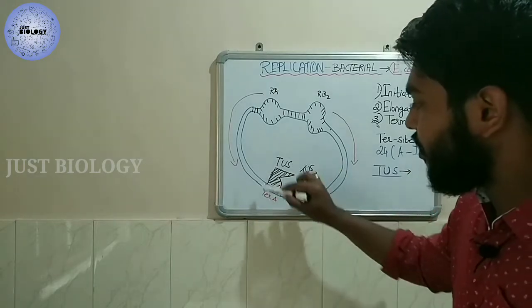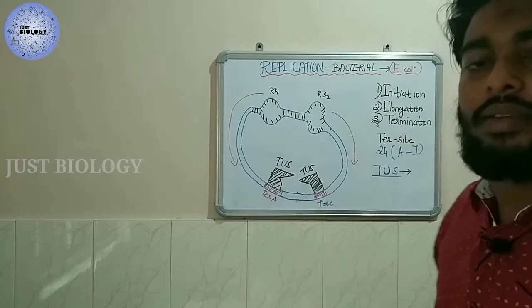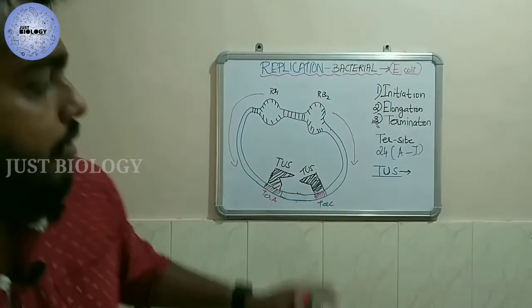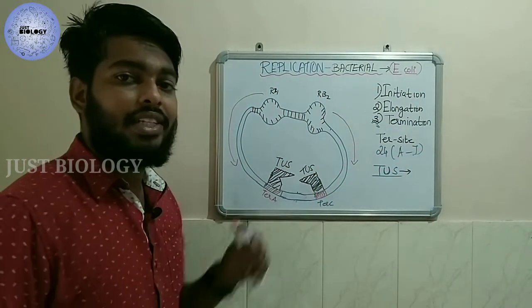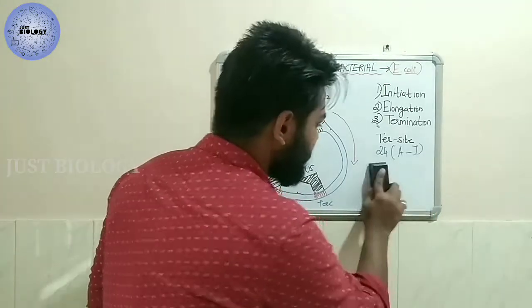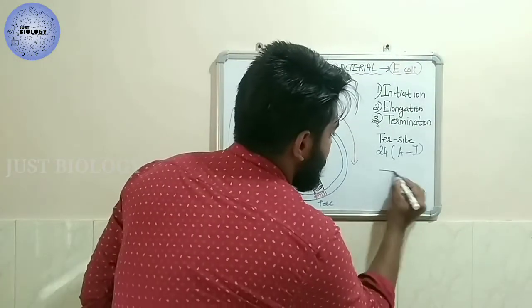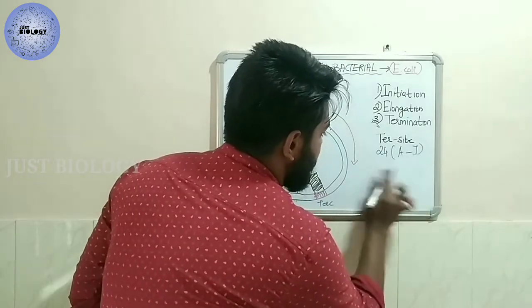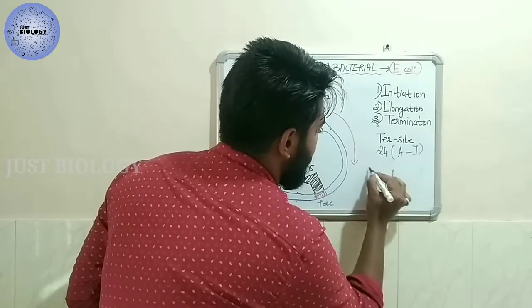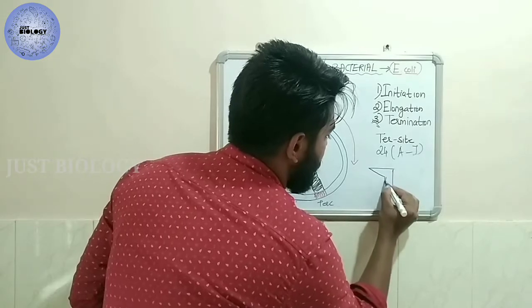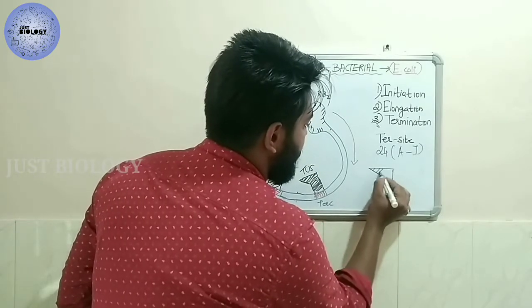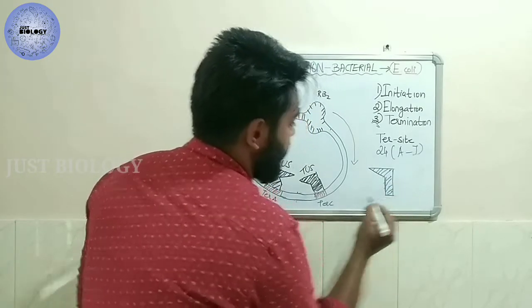If you see the structure of this TUS protein, they have two different regions. They have got two ends actually. So let's say this is the protein.